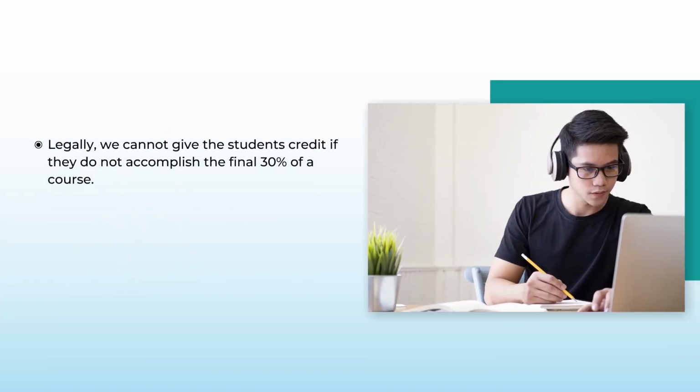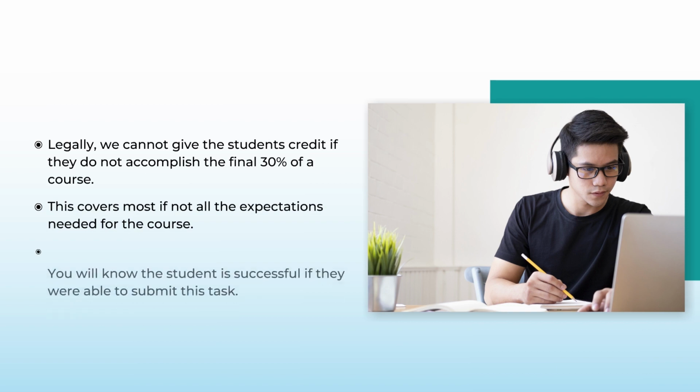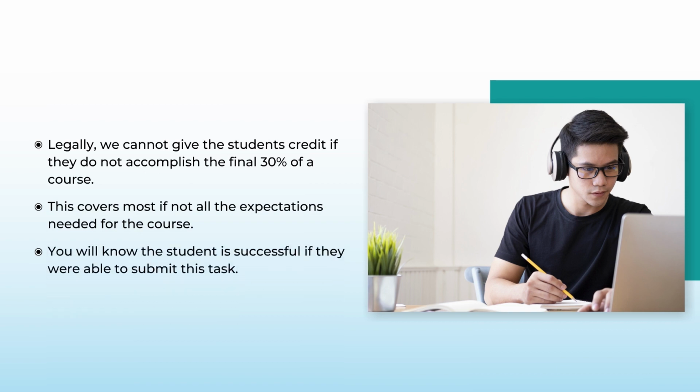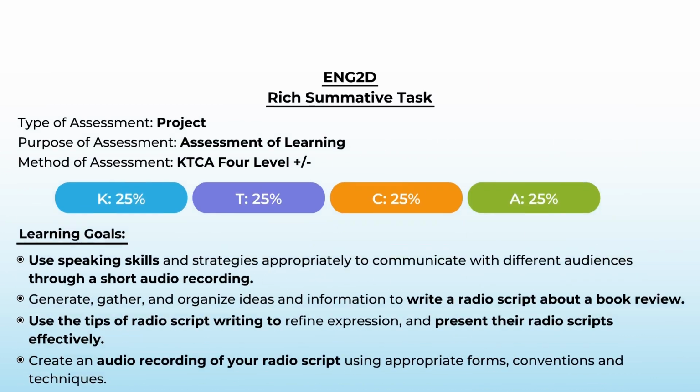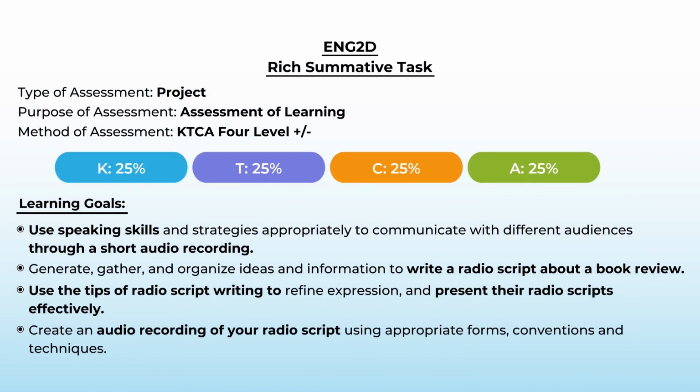Legally, we cannot give the students credit if they do not accomplish the final 30% of a course. This covers most, if not all, the expectations needed for the course. You will know the student is successful if they are able to submit this task. Here's an example of a rich summative task.